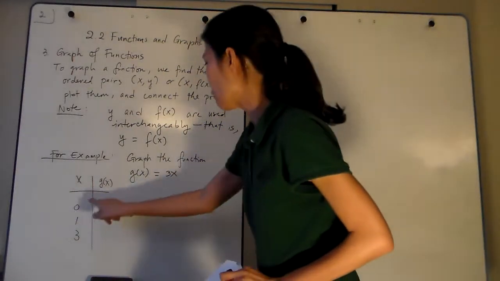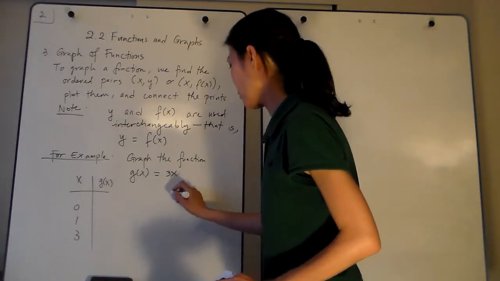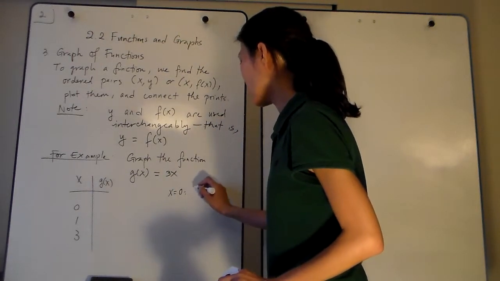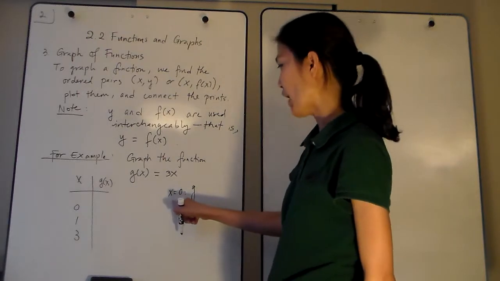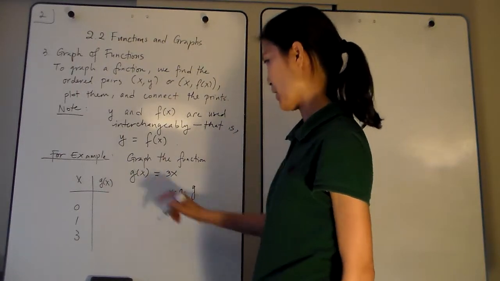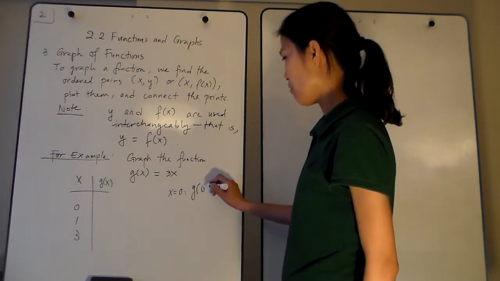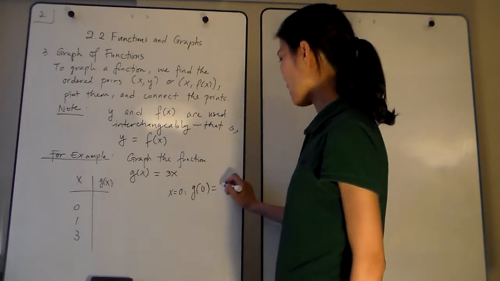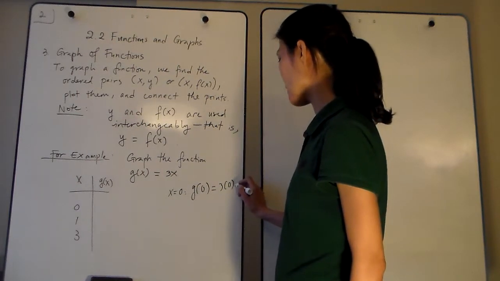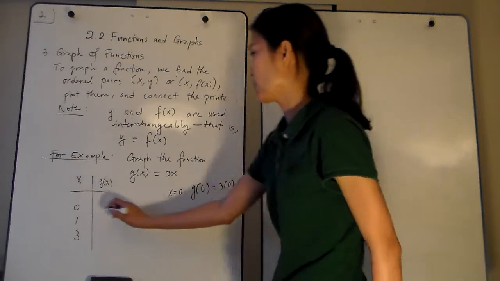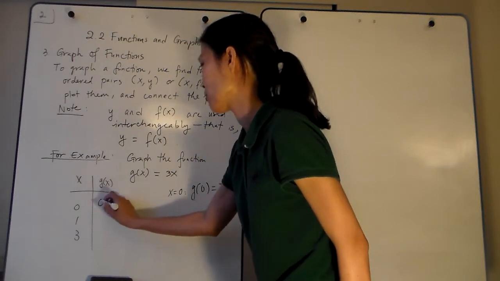So when x equals 0, g of 0, you replace x with 0 in the expression. 3 times 0 is 0. So when x is 0, g of x equals 0.